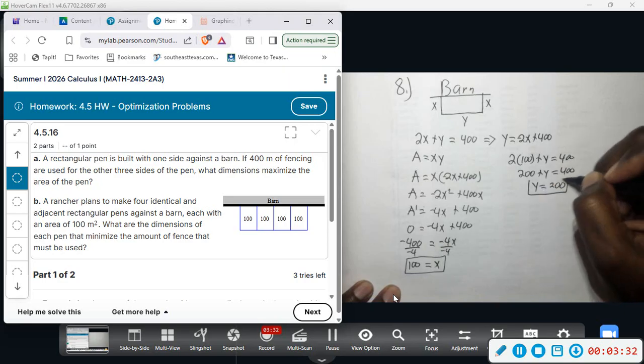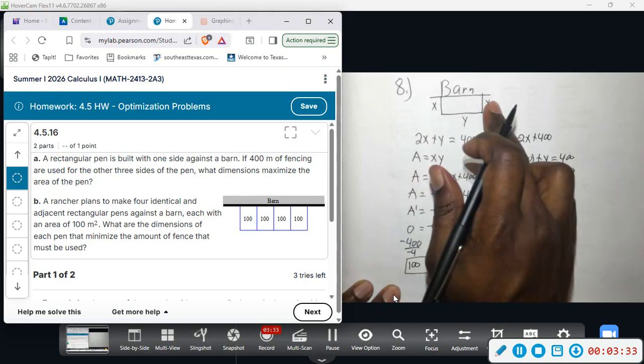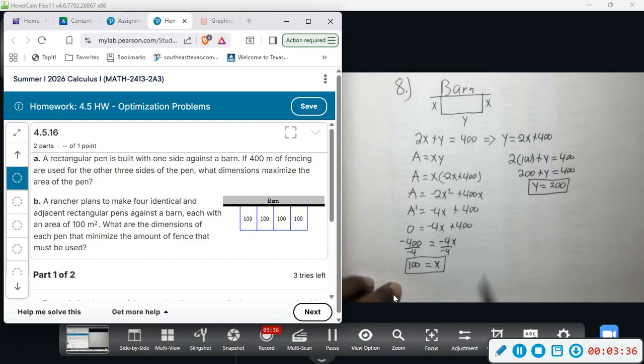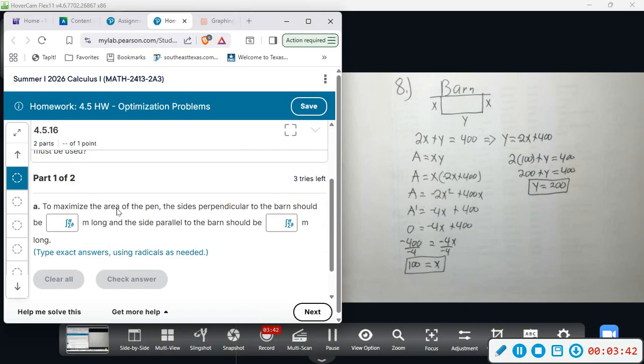So we get x equals 100, and 100 plus 100 plus 200 is 400. So in part A, the dimensions to maximize the area: the 2 sides perpendicular to the barn should be 100 meters. And then the side along the barn, parallel, which I called Y, should be 200.